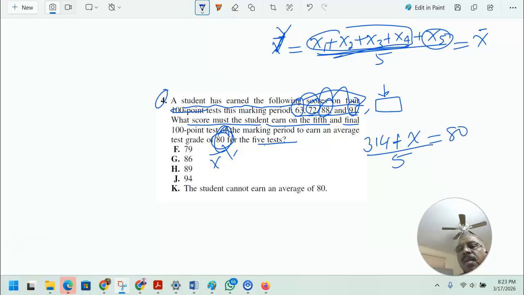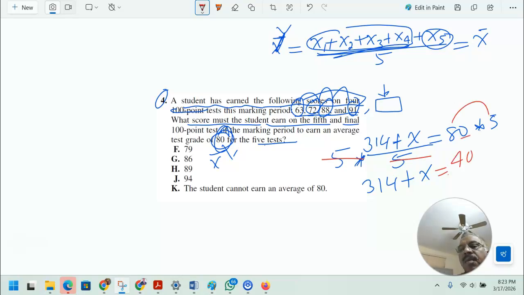This is 80 and times 5 both sides. So you get 314 plus x, and we can cross this out. And you get 8 times 5 is 40, and then this 0, so it becomes 400. And if you subtract both the side by 314, you get 86. So your answer is 86.